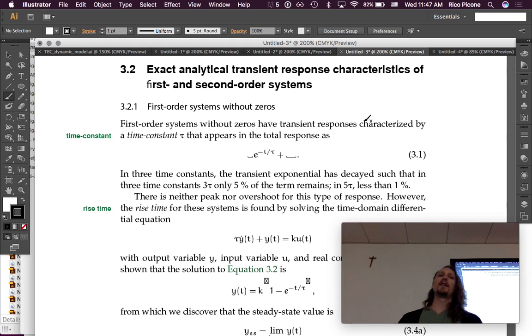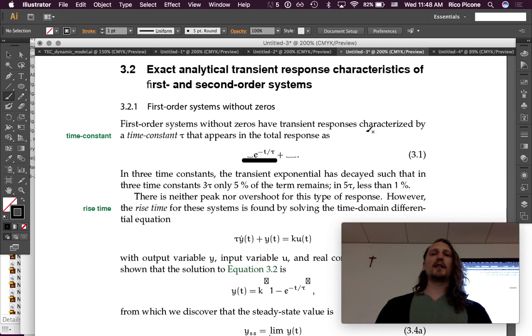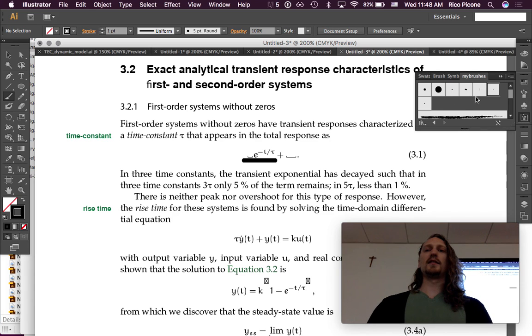A first order system without zeros has a transient response characterized by a time constant tau that appears in the total response as something times e to the minus t over tau plus something. This is the term that is going to die out, it's going to damp out over time.